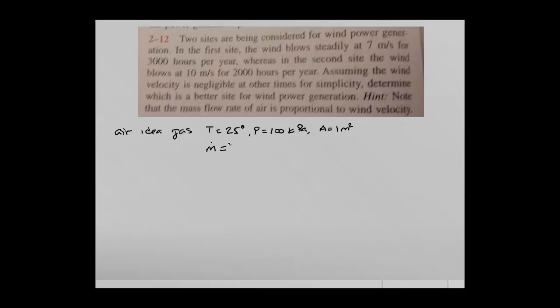Mass flow rate will be equal to density times velocity times the area. Velocity we know it's 7 and 10, but we don't know density. But density can be easily computed using the ideal gas relation.